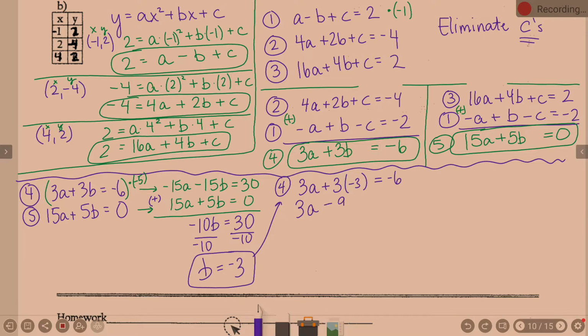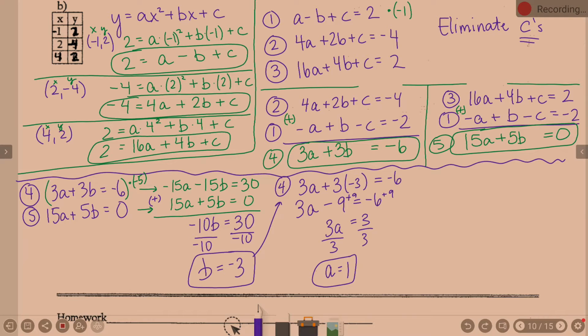So 3a minus 9 equals negative 6. It's minus 9, so we're going to add 9. Negative 6 plus 9 is 3. It's 3a equals 3. Divide by 3, and a is 1.